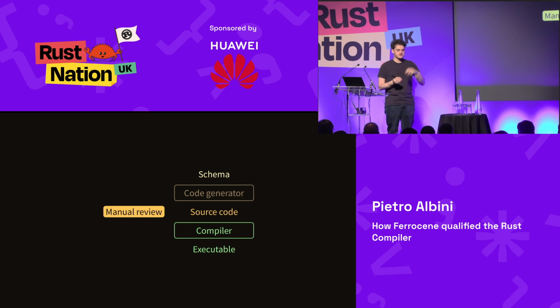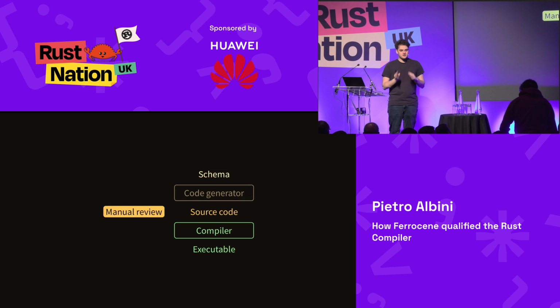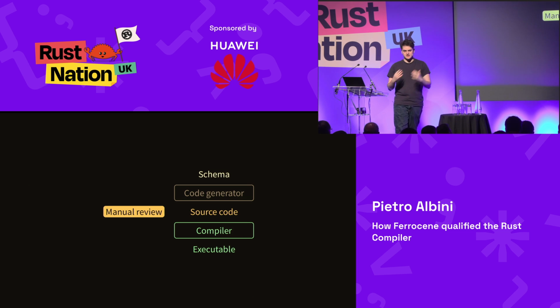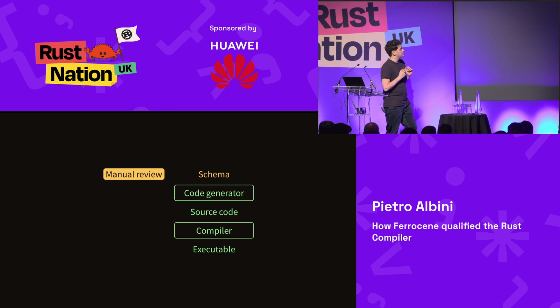It's assumed that the compiler correctly translates the source code into the executable you want, and it doesn't miscompile something. And if you wanted to go further, you could also qualify the code generator you use, so that you don't even have to review the source code that is generated.